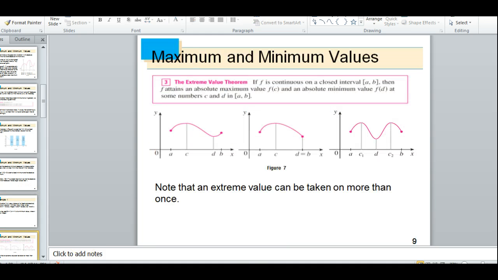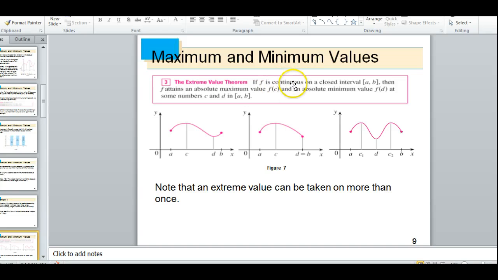Now with this theorem, you have to be very careful because it talks about a closed interval, and this is only true for closed intervals. If the interval is open at any end, maybe at the beginning or at the end, then this is definitely not true.